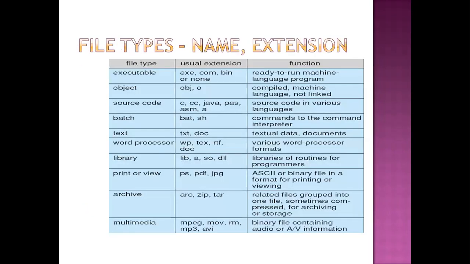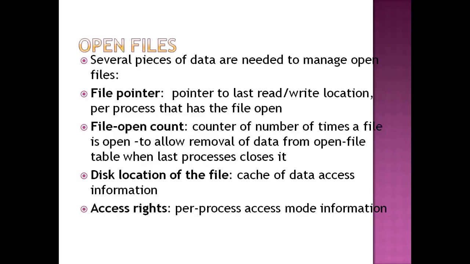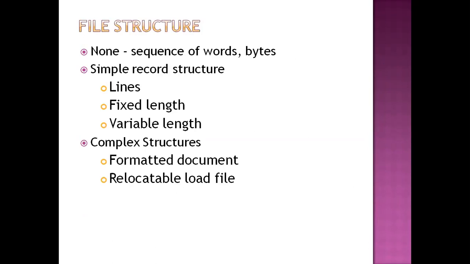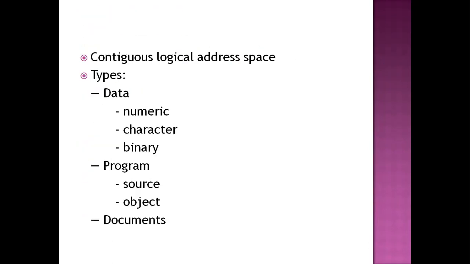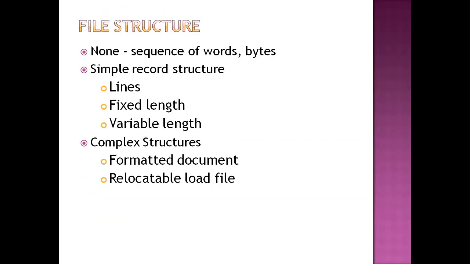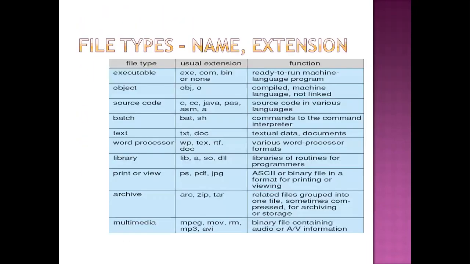Next is file types. What are the different types of files we have? We have seen different types of files, like a data file, program file, and document file. These files are easily identified by their extension. Every type of file will have its own extension. Just observe the first column.